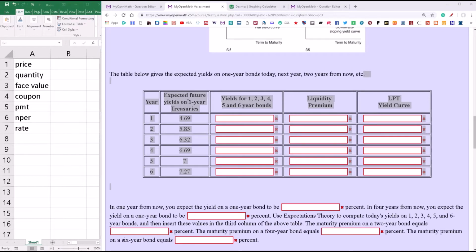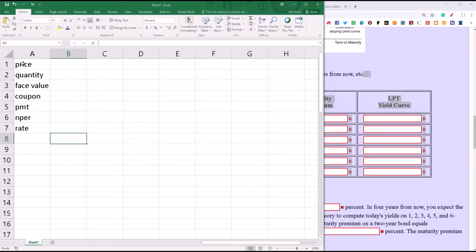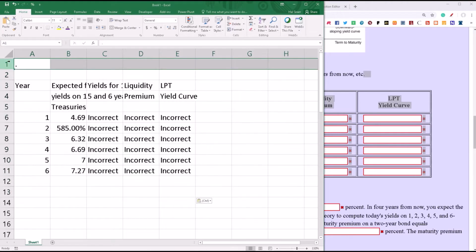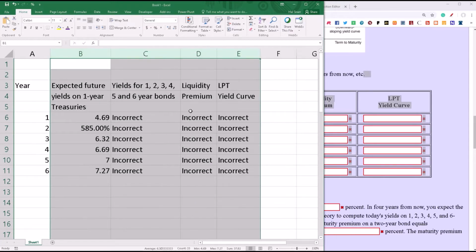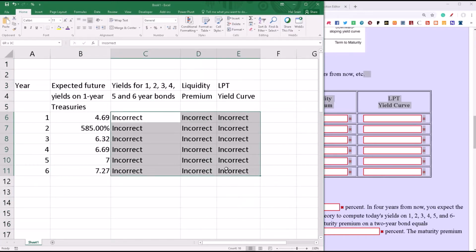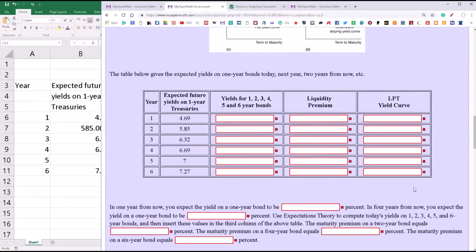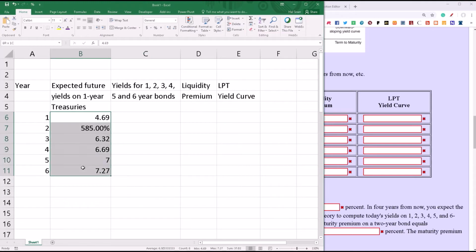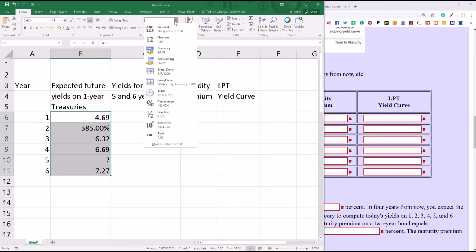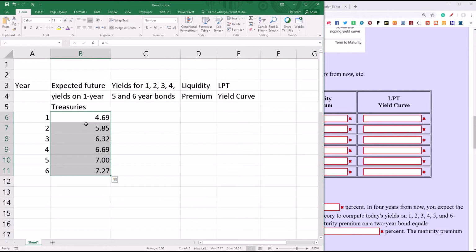I'm going to go ahead and copy this into Excel to make it easier to work with. Let me expand Excel out to here, and I'll just paste it right here. Then I'll format it up a little bit, and we'll get rid of this stuff here. Let me change this to numbers because it's already in percentages. There we go. So this is in percentages.